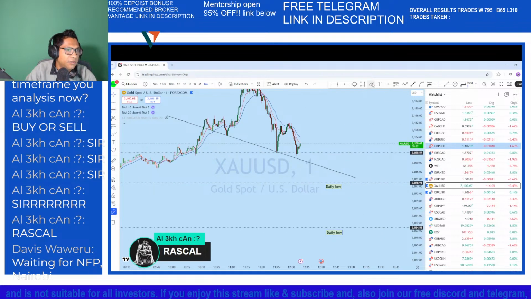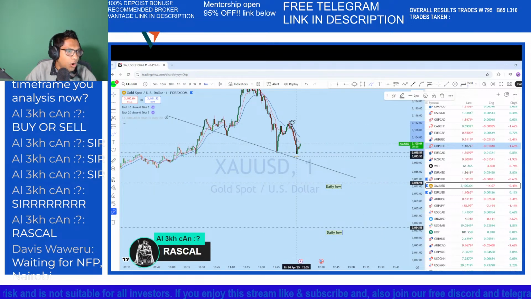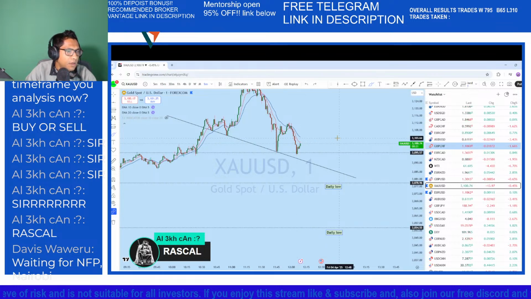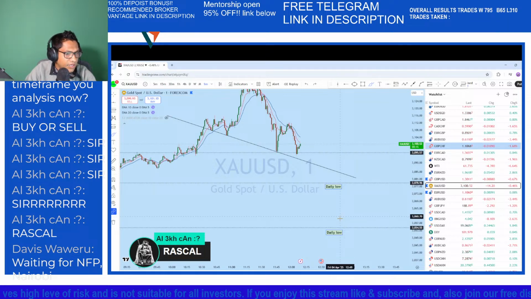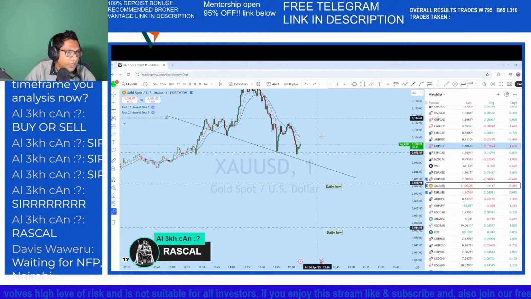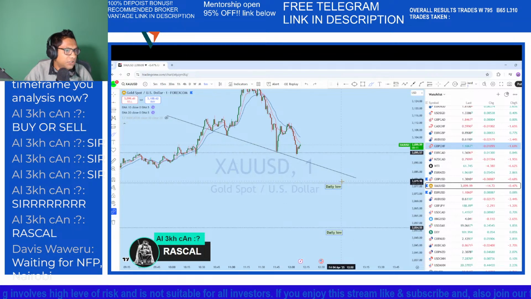Now here from this level, this is the drop and the pullback. This is the daily low, daily support and daily low here. So this is the daily support.